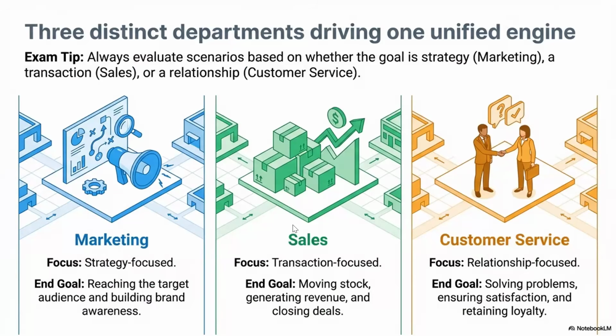We're looking at what strategy we're using to get people to want to buy. Sales looks at actually completing the transactions. And customer service looks at building a good relationship with the customers.